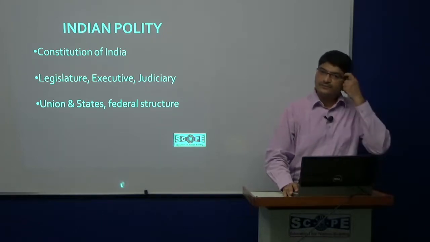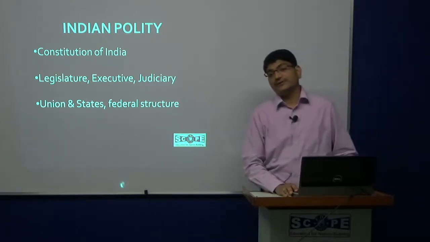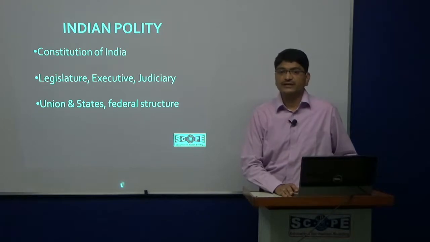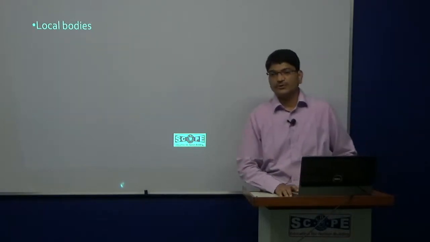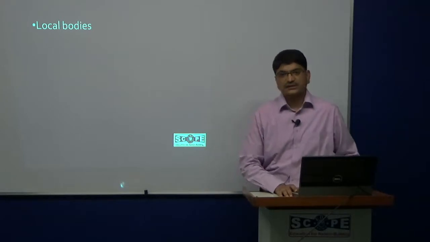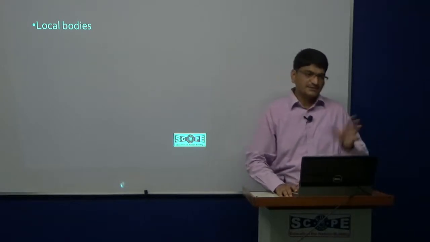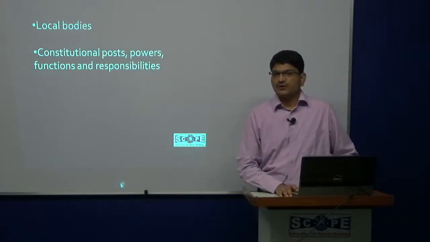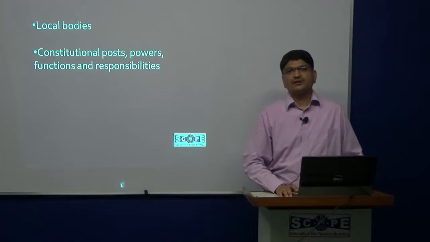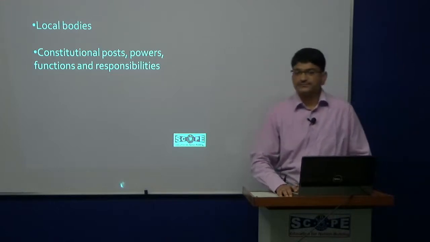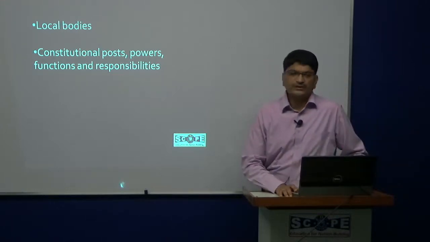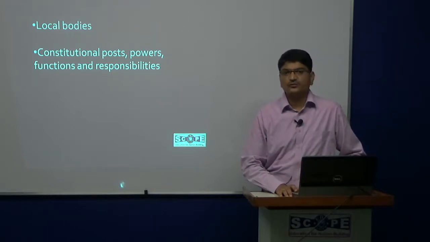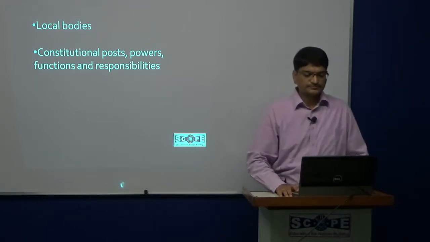Then we have the federal system, where we have the Union of India and the States of India. Then we have local bodies, urban local bodies and rural local bodies, their constitutional provisions and administrative setup. Then various constitutional bodies like the Comptroller and Auditor General and the Election Commission of India, which are to be read and understood.